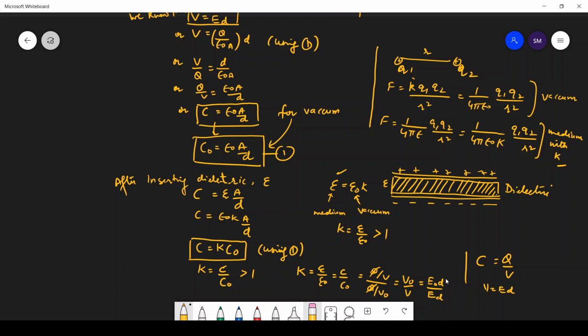So D will cancel out. That is what we need for this K. And what is this K? K is the dielectric constant. This K was not your Coulomb's constant, 1 upon 4 pi epsilon. Students, this is what we will need in some numericals also.